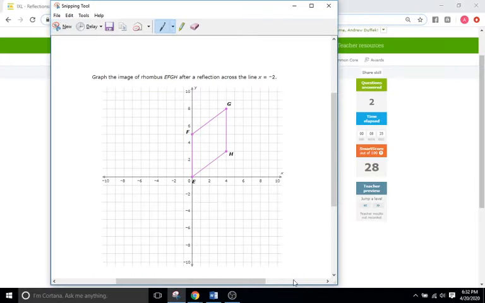using my snipping tool so I can draw a line. It wants us to reflect over the line x equals -2. So when it gives you something like this, the line x equals -2, there are two components here. Number one, there's the letter, and number two, there's the number, right? So the equation x equals -2 for a line just means that we're going to go to the x-axis.